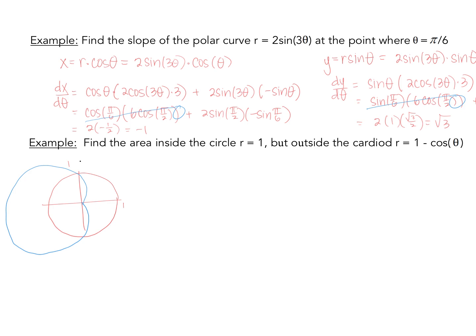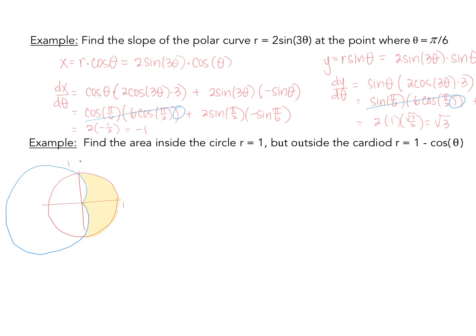Okay, so I want inside the circle, but outside the cardioid. Inside the circle, but outside the cardioid. So we are looking at this area. So let's set up our integral. What quadrants is this in? 1 and 4, okay.